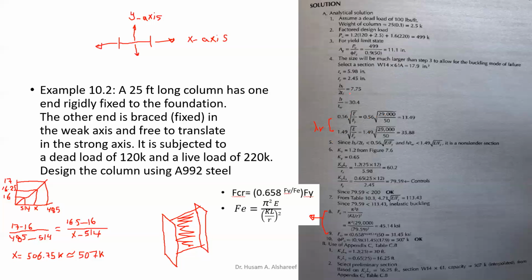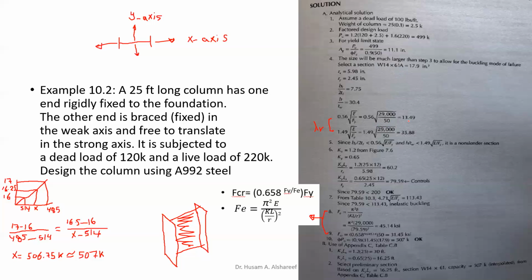So this here goes with the flange, and those are from the tables, right? Those two values. If you are confused with them, you need to go back to my previous lectures and study them. So it's 0.56 under the radical, the modulus of elasticity over Fy. The value is 13.49, just a plug-in chug, right?